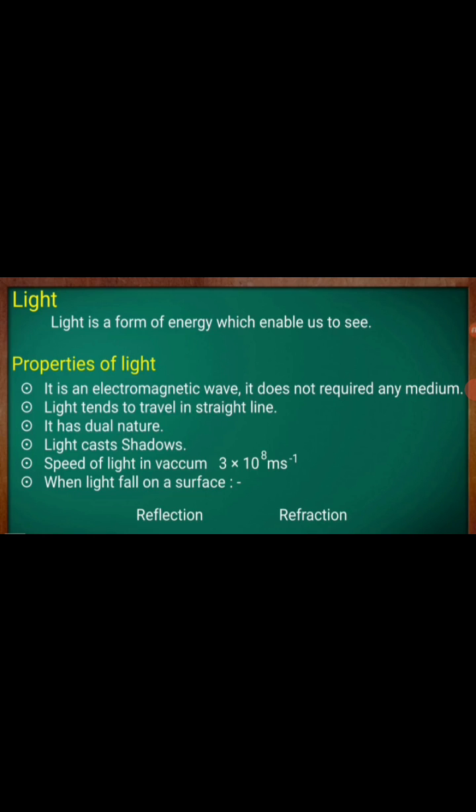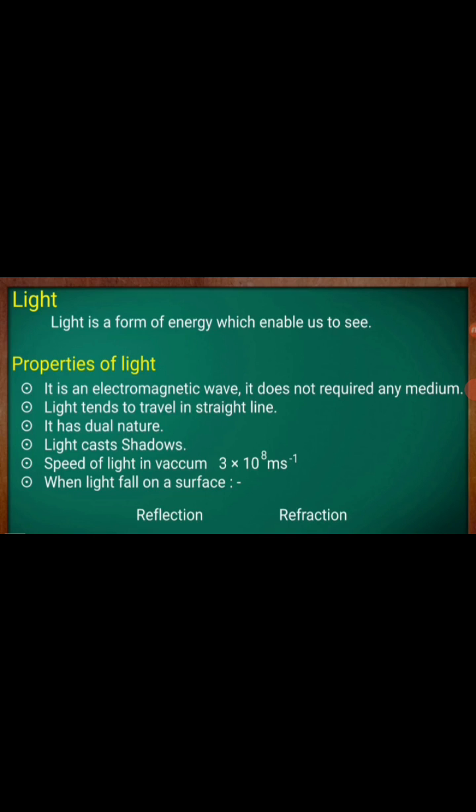When light falls on a surface, then two things can happen. Either it might be reflection or refraction. It depends on the type of the surface. If the surface is a polished surface, then the light falls on the surface and gets reflected back to the same medium. That is called reflection.